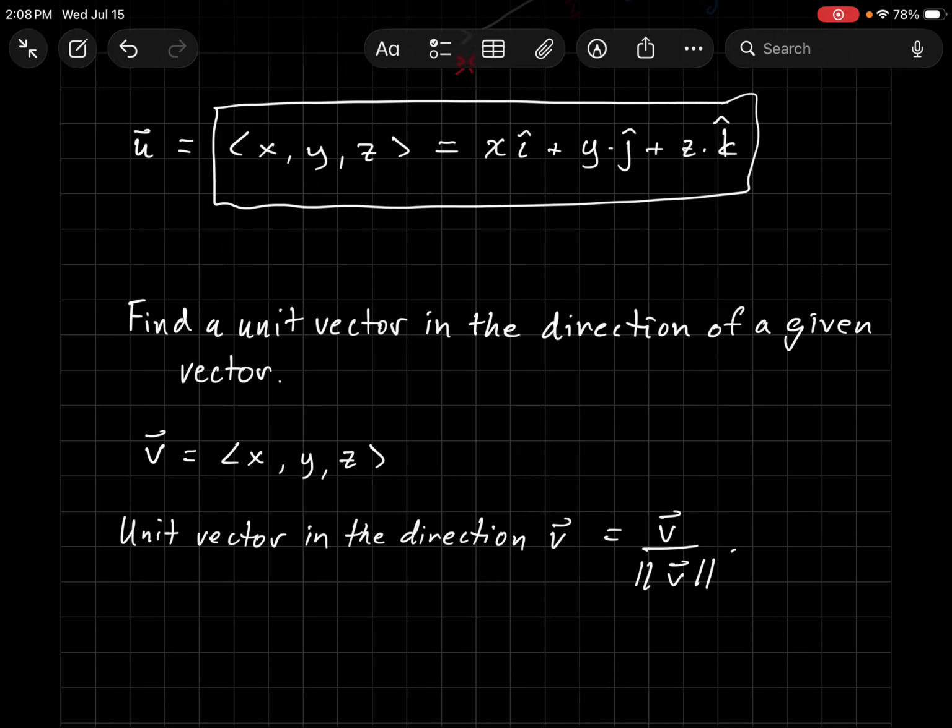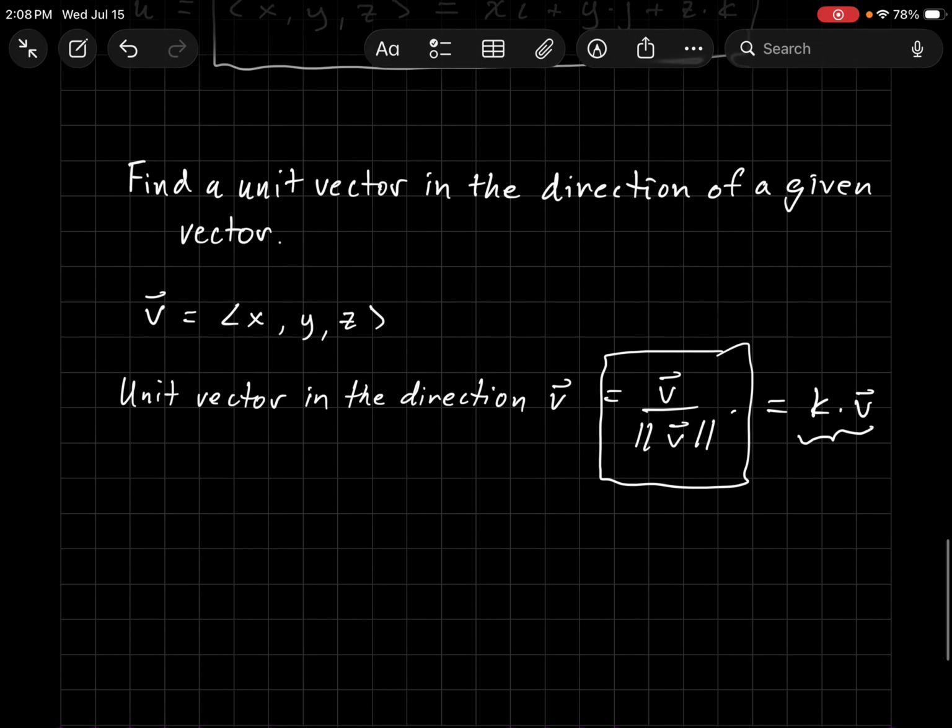Or, if I realize that the magnitude is simply a constant, it's some constant times the vector v. So any constant times a vector is parallel. So I know right away it's in the same direction. But what I'm not quite sure of is, how do I know that this vector that I wrote here has a magnitude of 1?